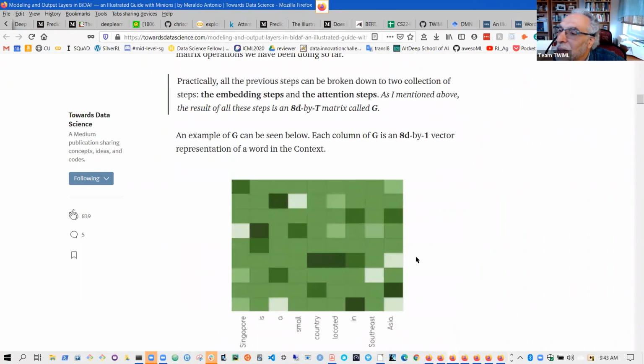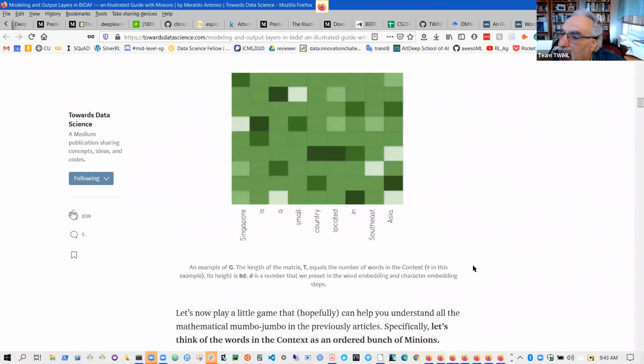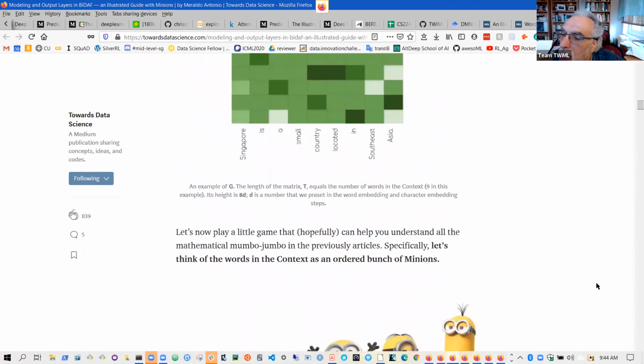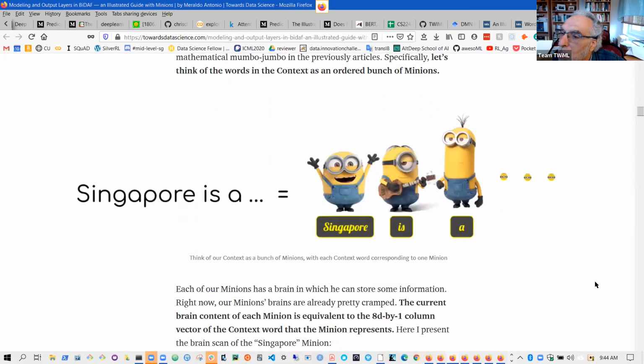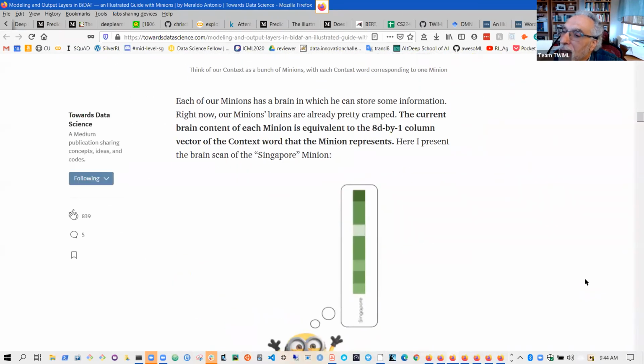Oh, let's see. So here's our G that we just calculated for each context word. It's a query-aware vector. That's what we got here. So we got this special big matrix G. Think of the words in the context as an ordered bunch of minions. Each of our minions has a brain in which he can store some information.